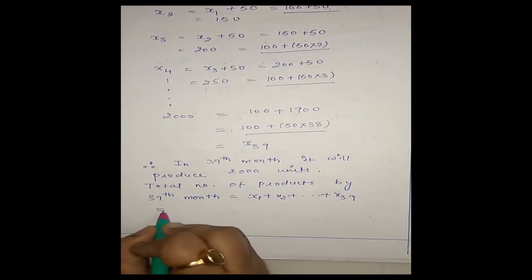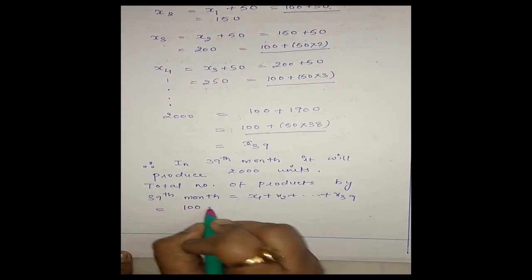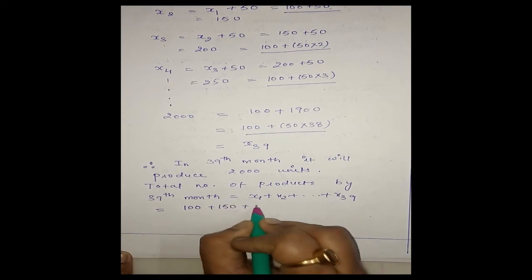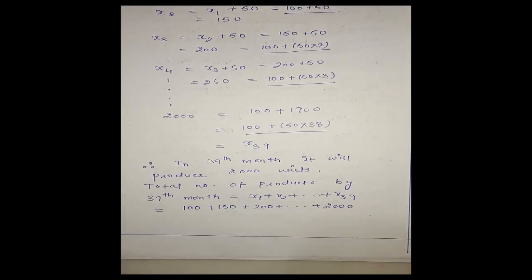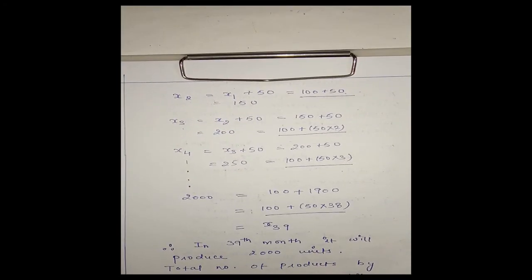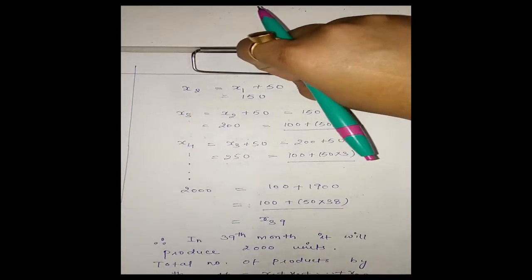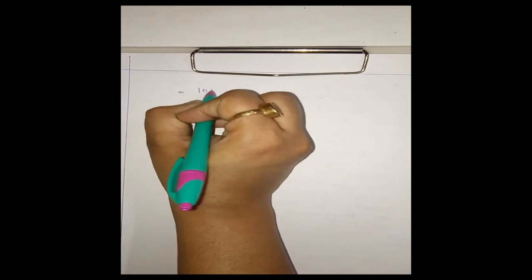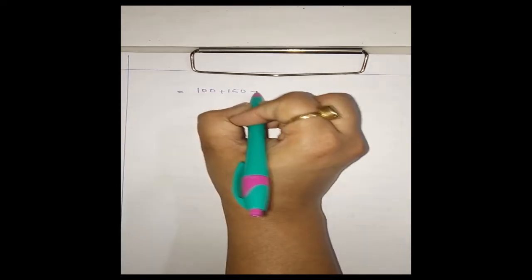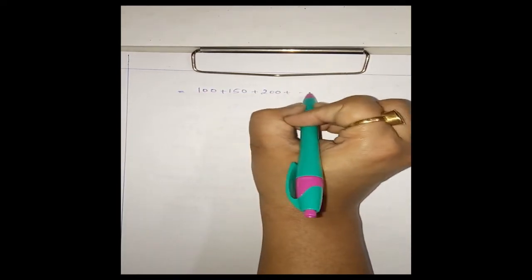That is 100 plus 150 plus 200 up to 2000.